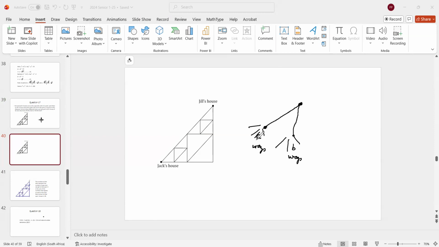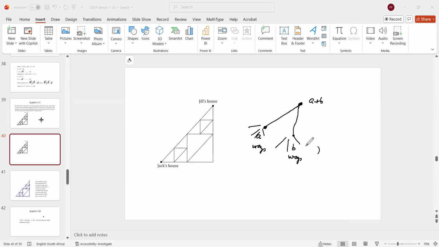Well, it's quite clear that each one of these A ways contributes one way, and each of these B ways contributes another way. So altogether, you have A plus B ways. I'll repeat that. Each of these A ways contributes one path, and there are A paths altogether. So there are A ways to get from this point to that point.